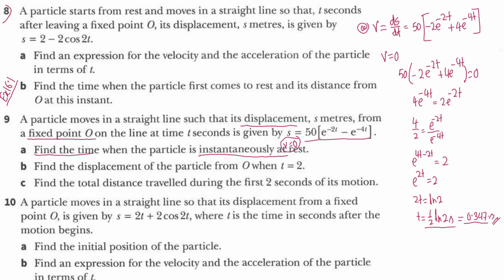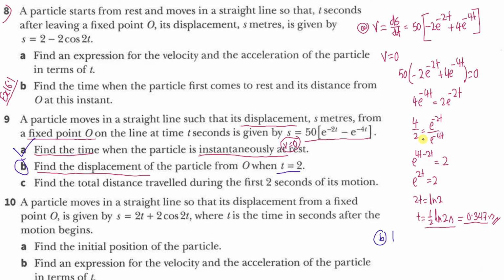The second question in this part is written here: find the displacement of the particle at t equals 2. We have done part A, the particle starts from O when t equals 0, and the displacement is 0. So directly we need to put the value into our equation for the displacement.